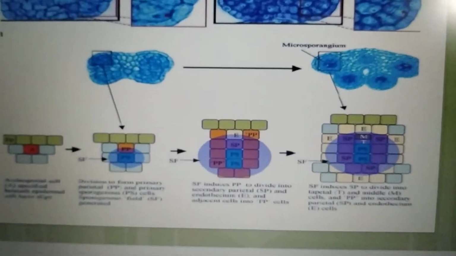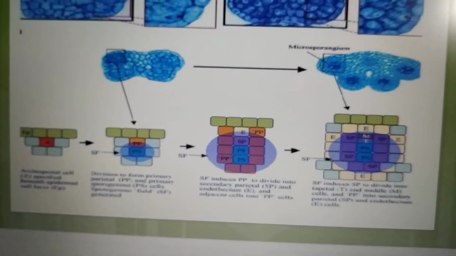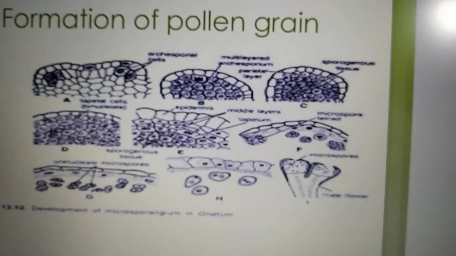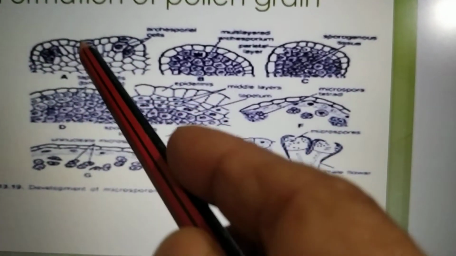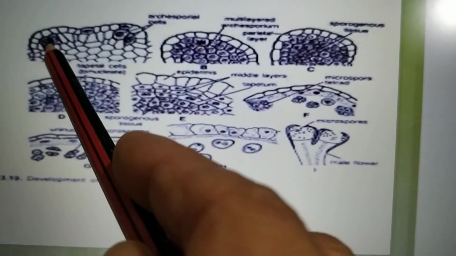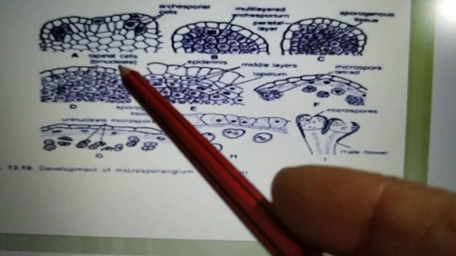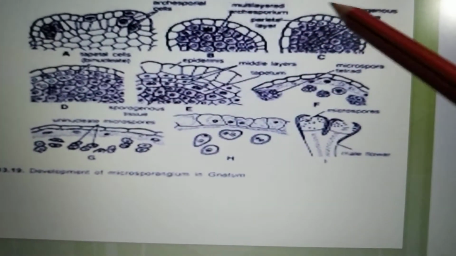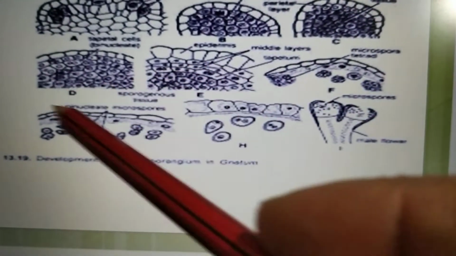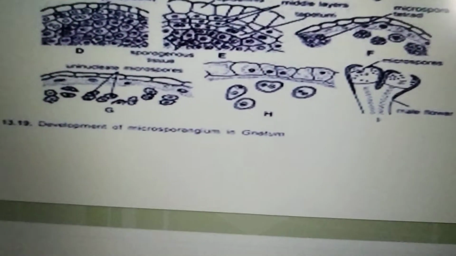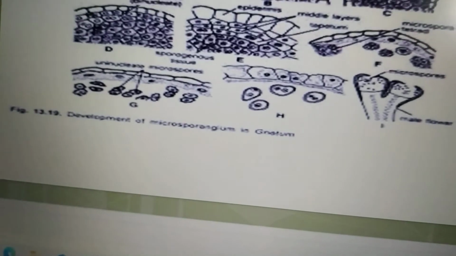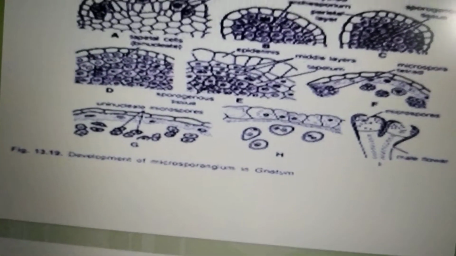In our next slide we see how the microspores are formed. Here you see the 2 lobes of anther. At each corner the archisporial cell becomes meristematic, and it divides into 2 cells, called primary parietal cell and sporogenous cell.